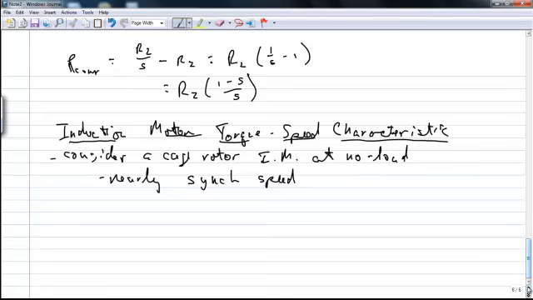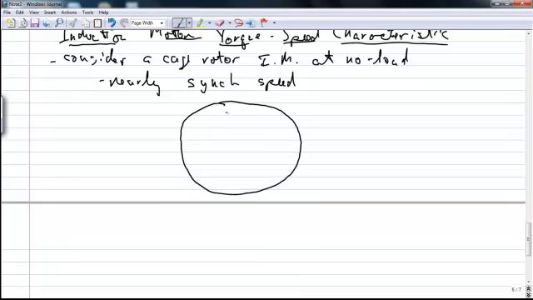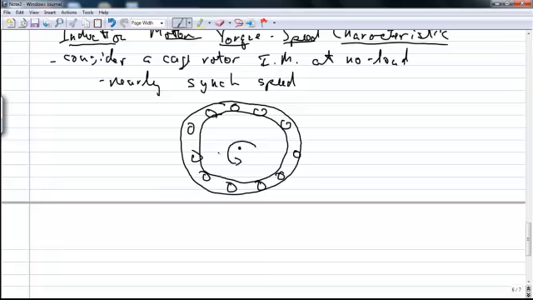And let's just draw a little depiction of what's happening. Here's our induction motor, and it's going to be rotating at some speed omega.